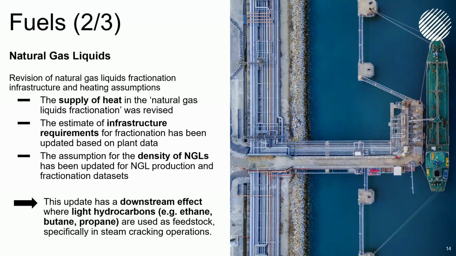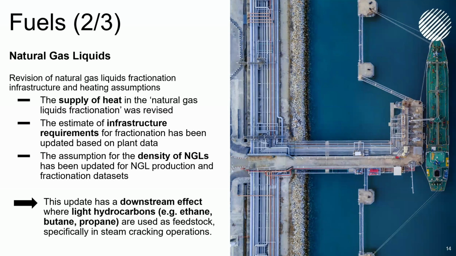The second update I would like to mention for the fuel sector concerns natural gas liquids. Natural gas liquids represent an important commodity and feedstock for steam crackers and the chemical industry in general. And what we did for version 3.11 is make some revisions to the production process. Basically these include, for example, an update of the heat supply so that it is sourced from natural gas that is readily available on site.